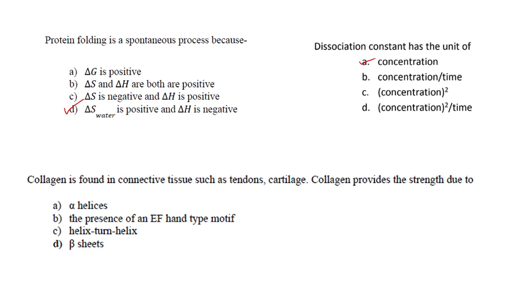Collagen is basically a coiled-coil protein, and in the coiled coil there are three separate polypeptides known as alpha chains that are super twisted about each other.